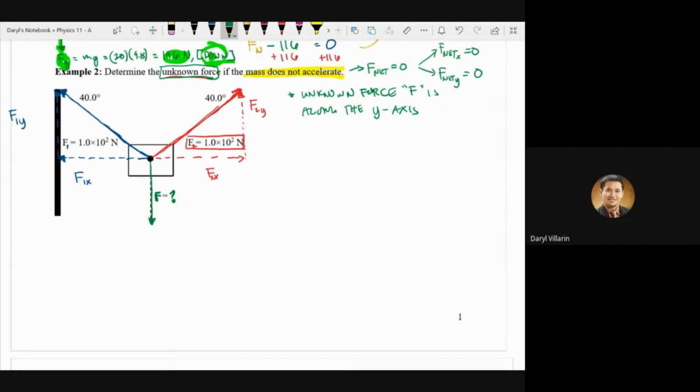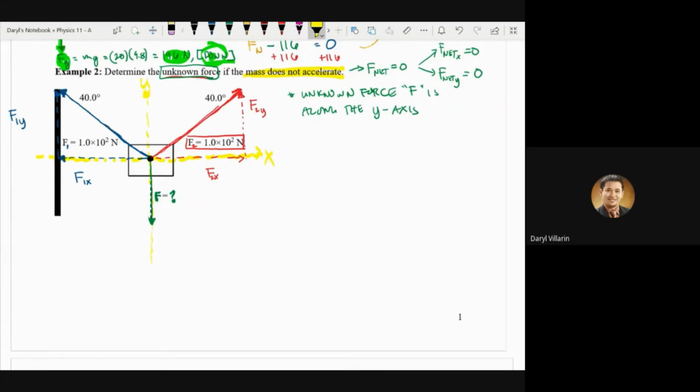So F is lying along the y-axis. Remember that again, I can write this would be my y-axis. So this would be my x-axis.